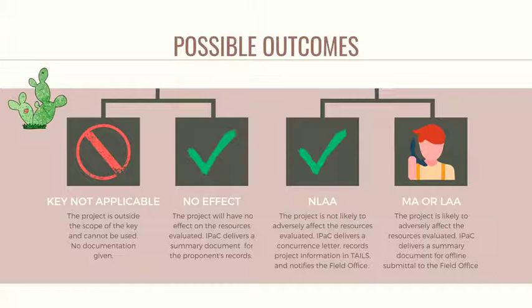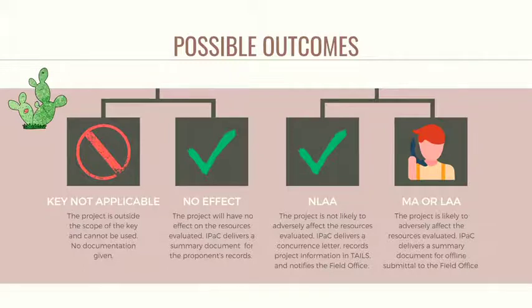And in these cases, IPaC will deliver a concurrence letter. It will put your information in our system and let the field office know you've used the D key. So what that means is that if you come to a no effect or not likely to adversely affect determination in IPaC using a D key, you can complete your consultation in IPaC.